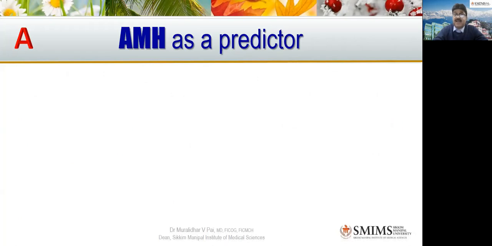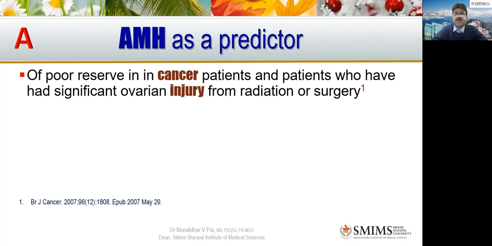So then, AMH as a predictor is a separate slide dedicated for this. Of poor reserve in cancer patients, it has repeated itself, forget it. Patients who have had significant ovarian injury from radiation or surgery. In fact, this can happen after a very aggressive laparoscopic surgeon who is going to take all the chocolate cysts and he's going to coagulate nicely to stop the bleeding and all that.